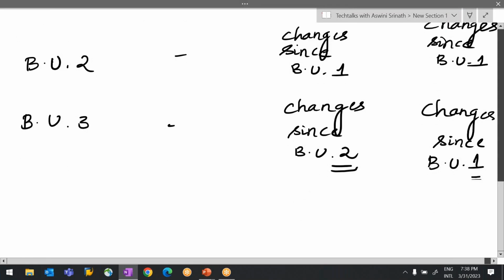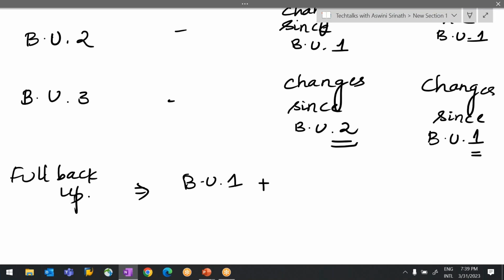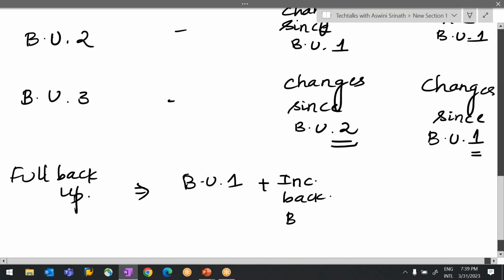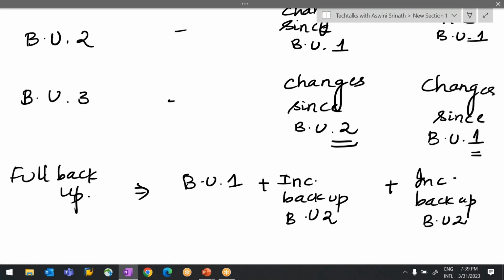So suppose you want a full backup on day 4. How can you retrieve it? You can have two options. You consider backup 1, which is a full backup, then you can consider incremental backup BU2 plus incremental backup BU3. So you have BU1 with all the data, 1 to 2 you will capture here, 2 to 3 you will capture here.